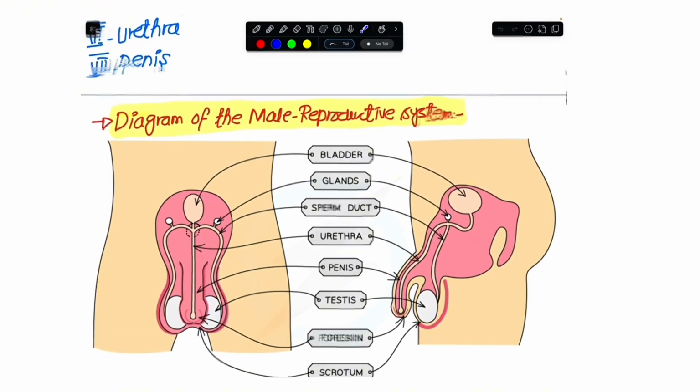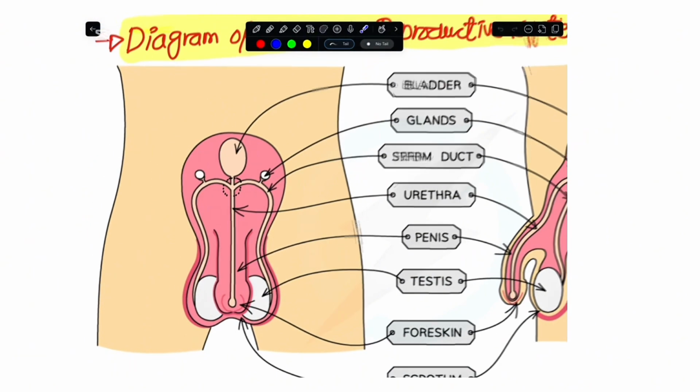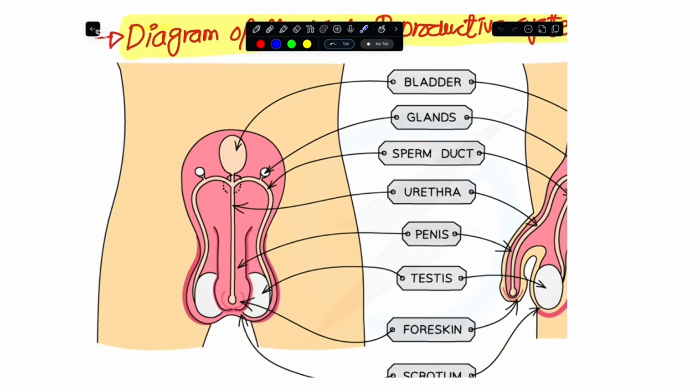If I were to take you to the diagrams of this, let me zoom in on the first diagram. Here you see there is a sac in which the testes are available, or they hang out of the body. This sac is what we refer to as the scrotum. Within the scrotum, we have the presence of these organs that I am highlighting at the moment, and they are the testes.